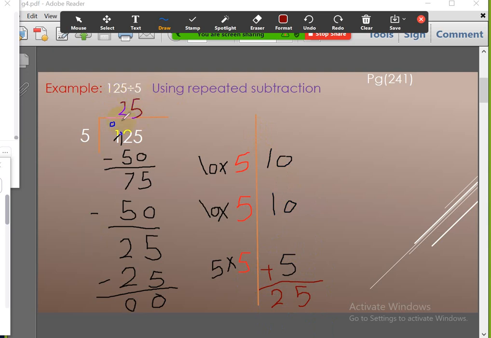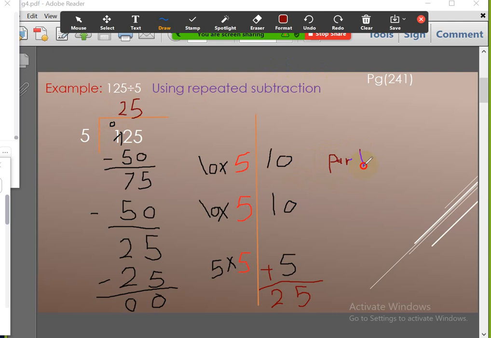So the quotient for this division is 25, which is the answer, by using partial quotient. Why do we name this method partial quotient? Because we found the quotient part by part. This is part 1.